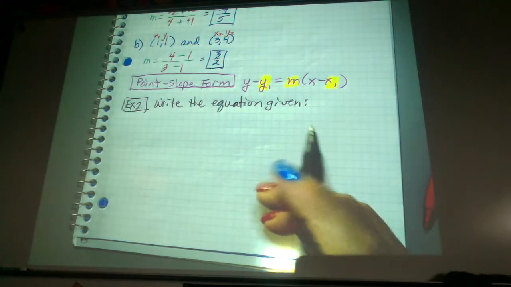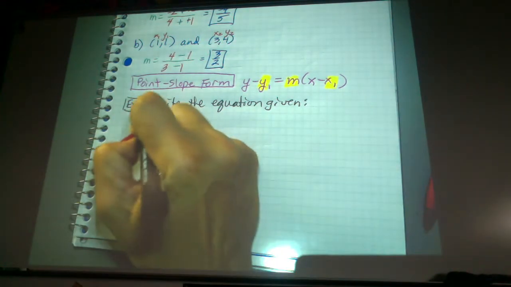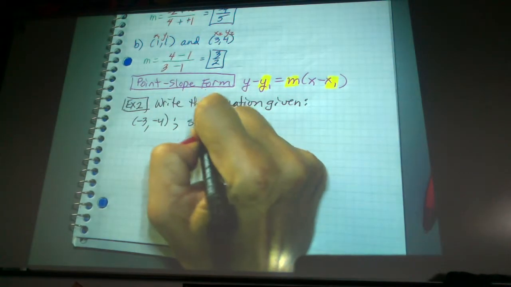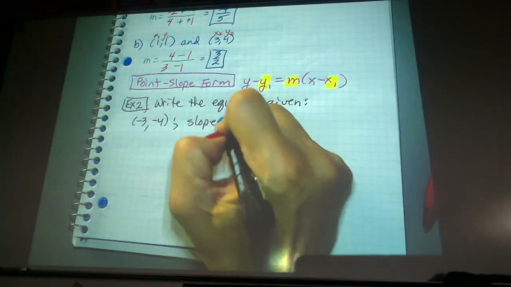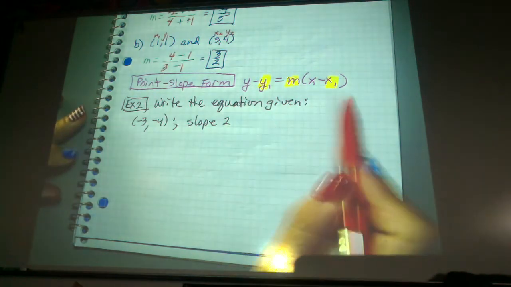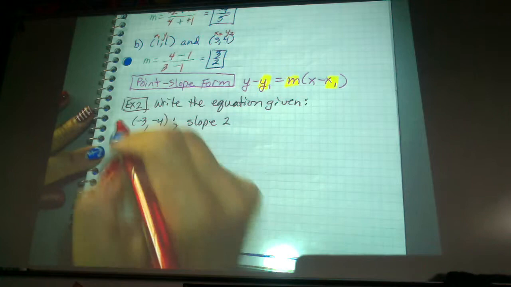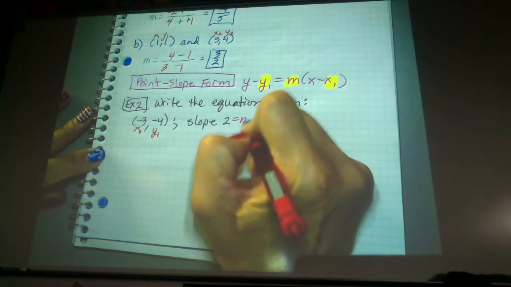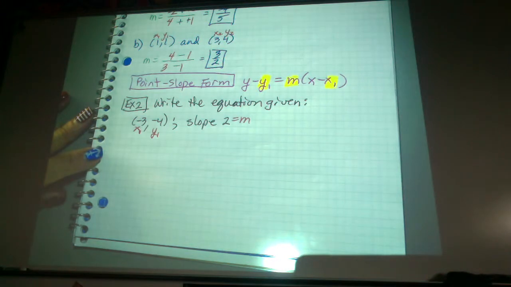So I'm going to give you -3, -4, and a slope of 2. So the formula that I just gave you above, the point that they gave you is your x sub 1, y sub 1, and your slope is your m. So we're just going to plug into that formula.